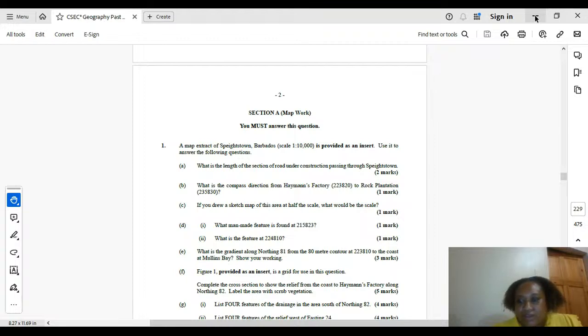Okay, great. All right, let me just pull this up. The Mapen map came for Unit 1 Geography, and it also came for the CSEC in June exam.